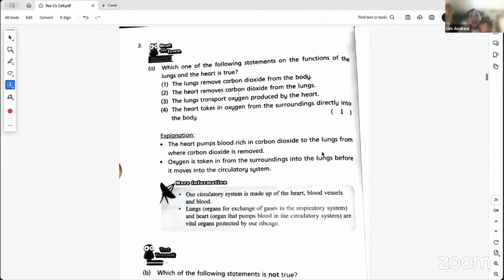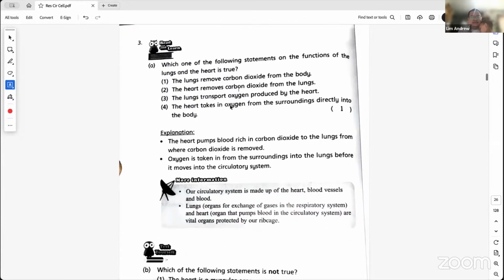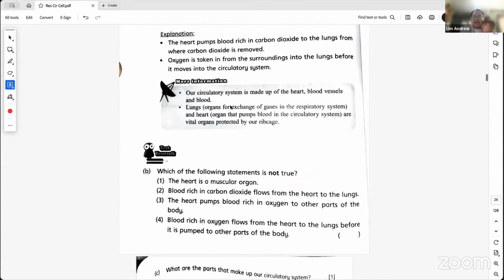Question 3. I think this is self-explanatory, so I will just move on to 3B. Can I have a volunteer, please? Which of the following statements is not true? Is it number 1, the heart is a muscular organ? Number 2, is it blood rich in oxygen flows from the heart to the lungs? Or is it 3 or 4?